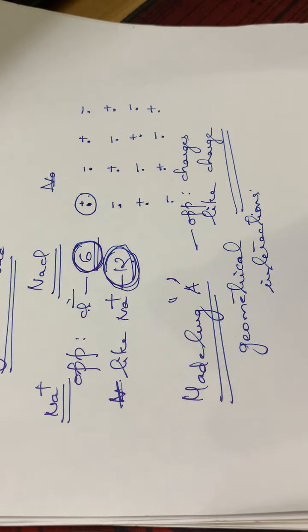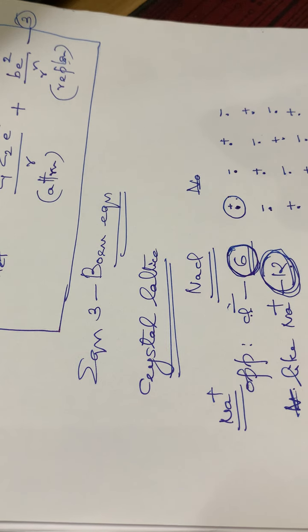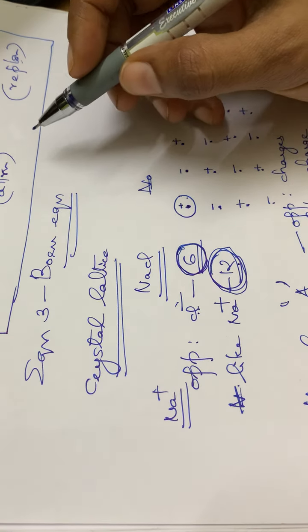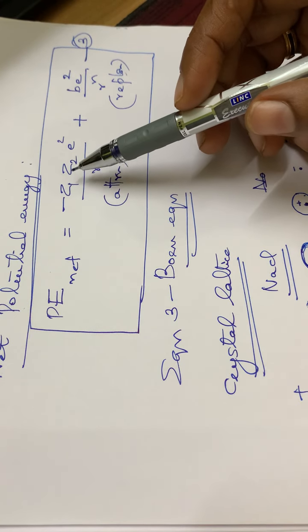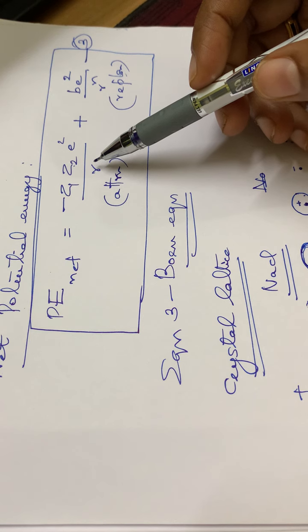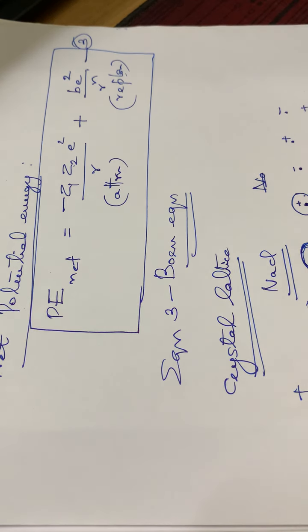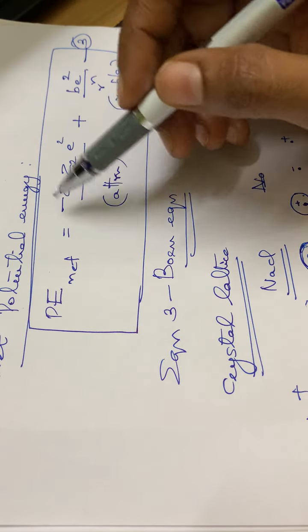So we can write the correction term for this Born equation. For the attractive interaction, one correction term is there. We have to add one more term to the first term. That is, the first term is minus Z1 Z2 e square divided by r. So here some geometrical interactions came into being, and that is the Madelung constant A. So you have to insert A also in this term.